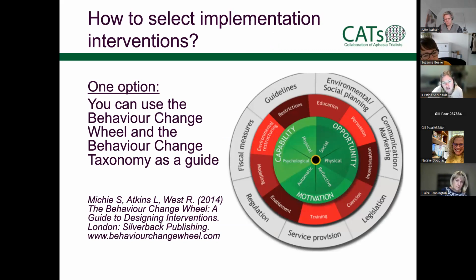You can purchase it online, and it just really steps you through those processes of, once you understand those barriers, what can you actually do? What are some options? And then it gives you some things to think about of what might be feasible. And it gives you some guidance around that. So again, we're not going to go into that in a lot of detail, but that's just one way that you can take those barriers that you've identified and actually look at coming up with an implementation strategy.